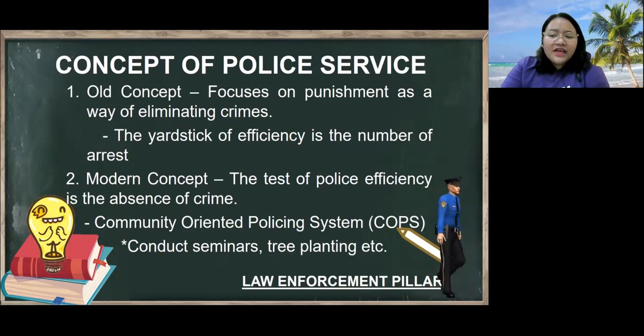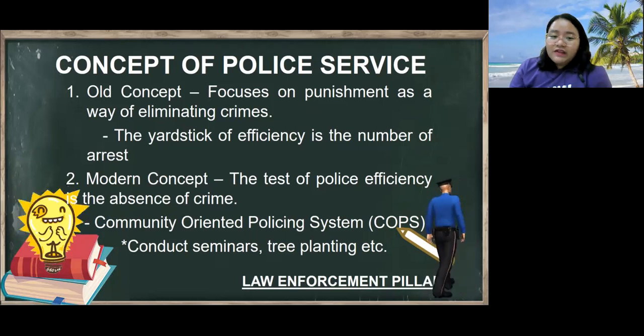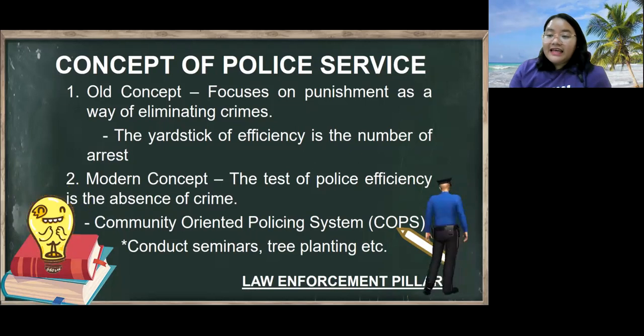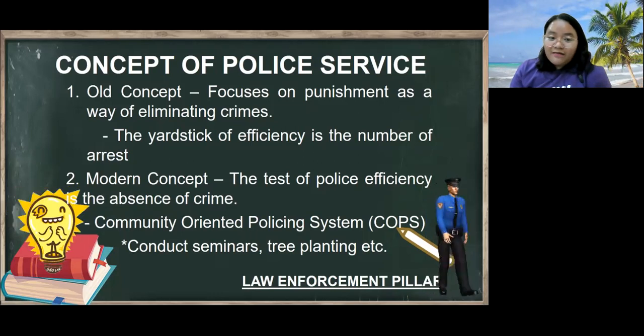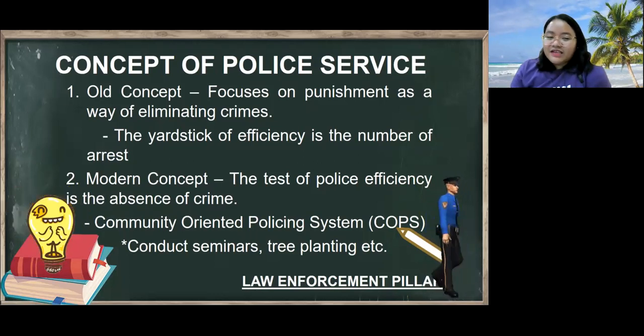Okay. Then we have the modern concept. The modern concept measures police efficiency in what? If in the old concept it is by way of arrests, in the modern concept the test of police efficiency is in the absence of crime. So it is quite the opposite, right? Because when we say arrest, it means there is a presence of crime, but in the modern concept, police efficiency is in the absence of crime.